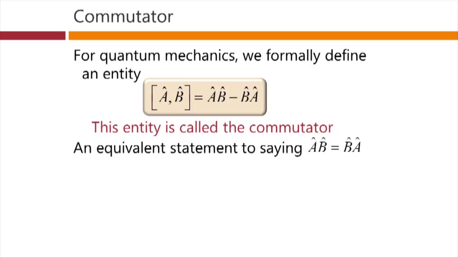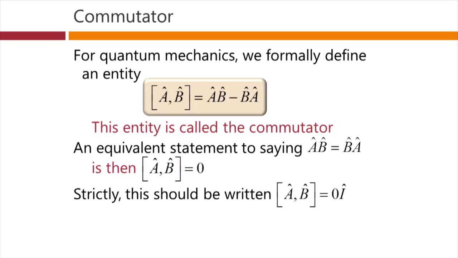An equivalent statement, therefore, to saying that A after B is equal to B after A is to say that the commutator is 0. Now, strictly here, A and B are operators, and the 0 on the right, if we wanted to be strict about it, is actually a number, so this isn't mathematically quite correct. But we could, if we wanted, add an identity operator on the right to make it a mathematically correct statement.